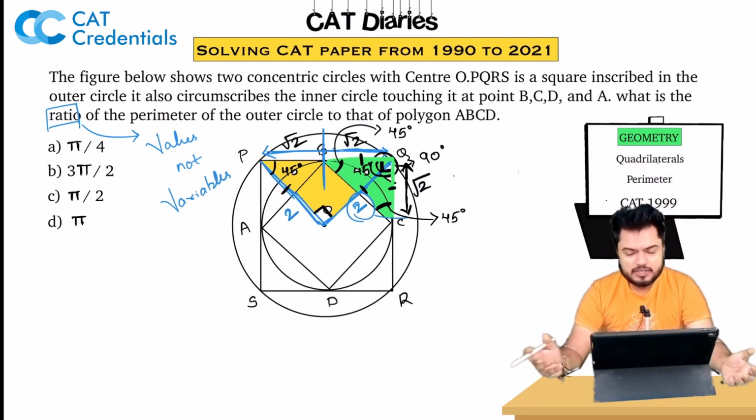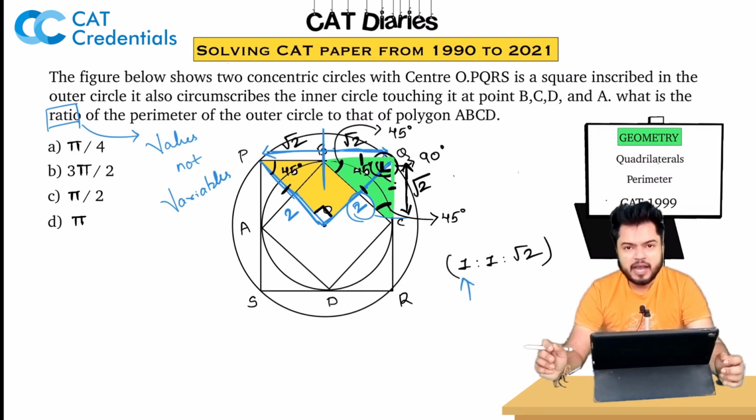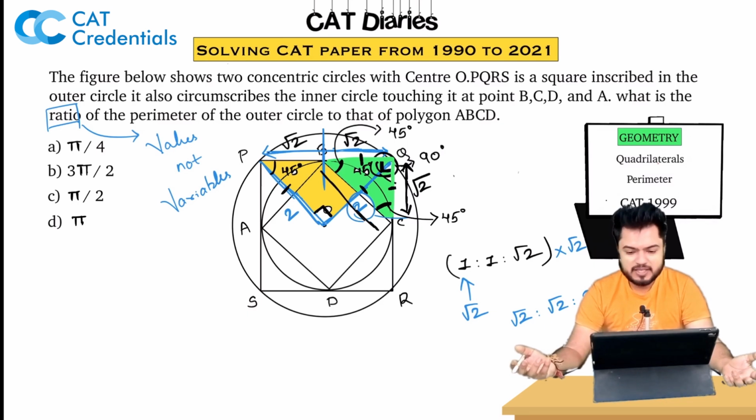Since it's a 45-45-90 triangle, the ratio of the sides is 1 is to root 2. I know the equal sides are root 2, so I'll multiply the entire thing by root 2. This becomes root 2 is to root 2 is to 2, which tells me that the side BC that I was thinking to find out is equal to 2. Once I know this, the problem is over. If I know the radius of the circle, I can get the side of the square inside.